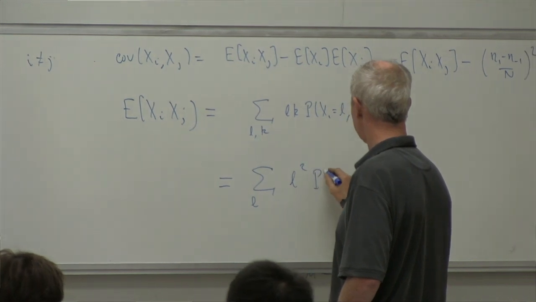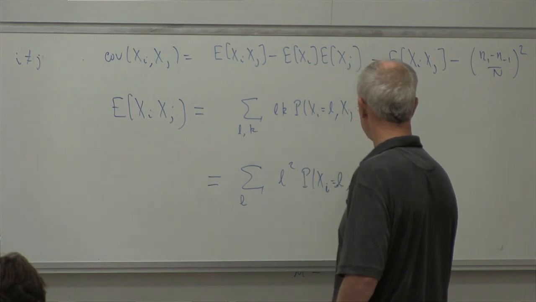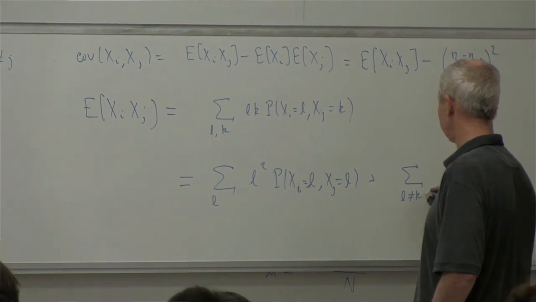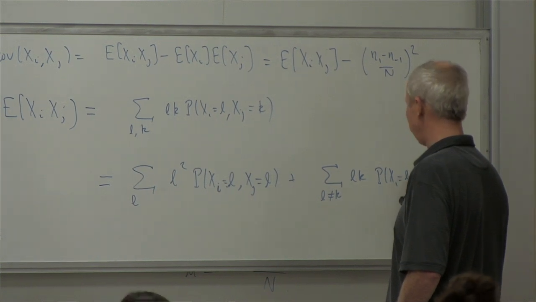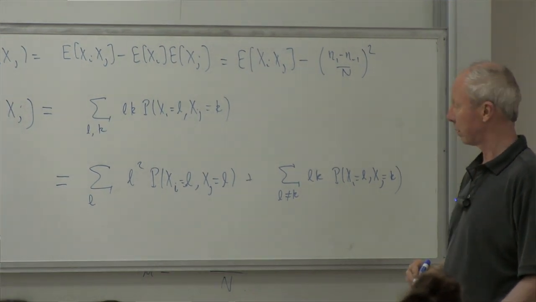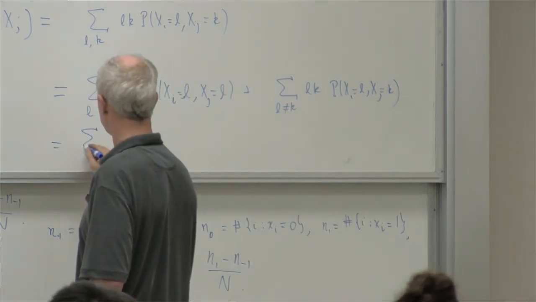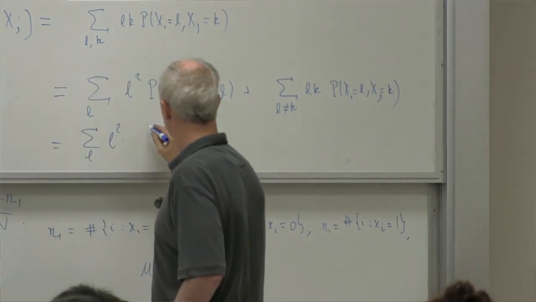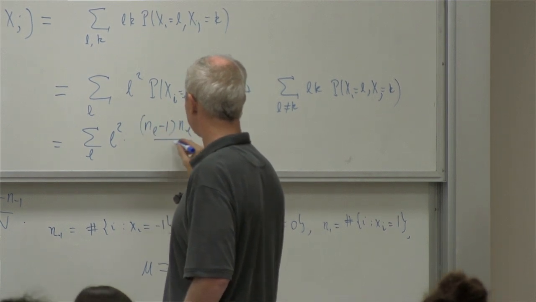The sum over L of L squared, probability xi is L and xj is L, plus the sum over L different from K of Lk, probability xi is L, xj is K. In the first one, when they're equal, we get n sub L times (n sub L minus 1) over capital N times (N minus 1).